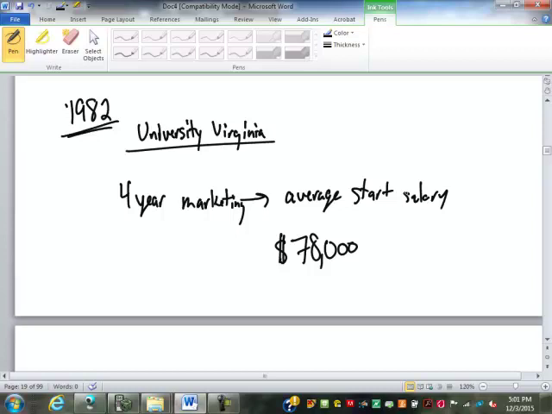Is it an honest statistic? Did they screw something up? No, that's an honest statistic. So how is it possible that the average graduate from their 4-year marketing program was making $78,000 a year? That was the actual mean.